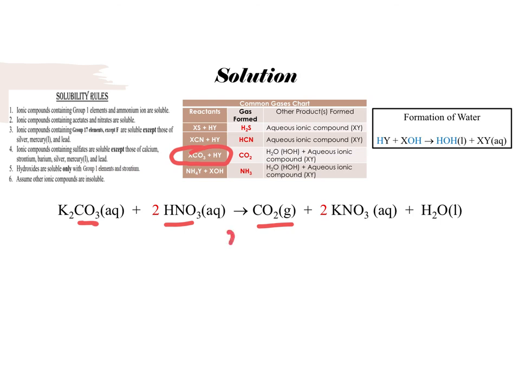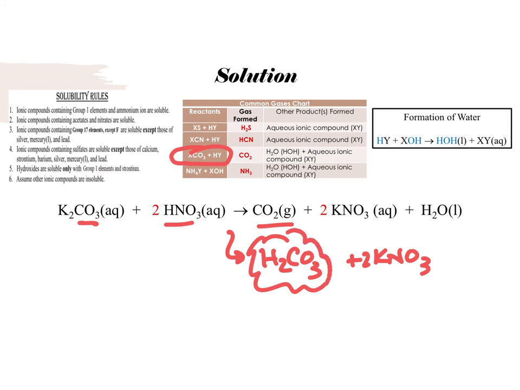That being said, maybe you did the double replacement and you got the H2CO3, and then you got the KNO3, two of those. But you've got to remember, when you see H2CO3, you've got to break it down to give the CO2 and the water. It's always going to do that.